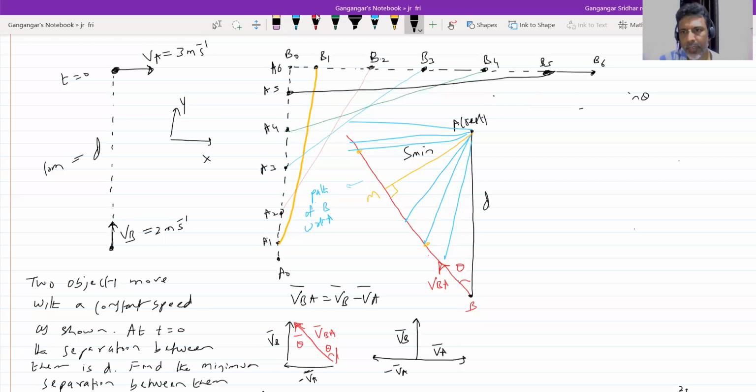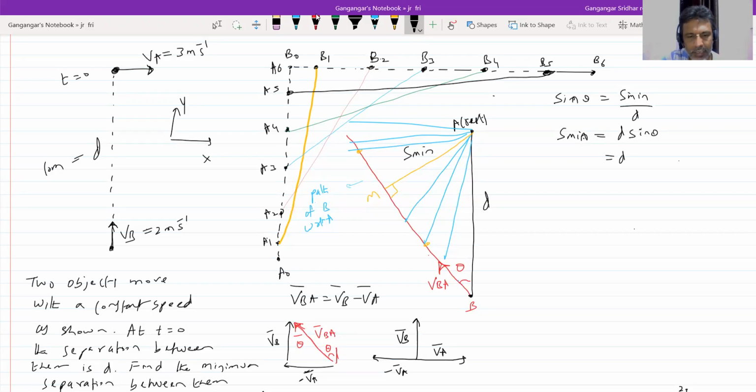From the vector diagram, we brought it. Okay, let's come for this. Sine theta is equal to sine theta. So what is sine theta from here?